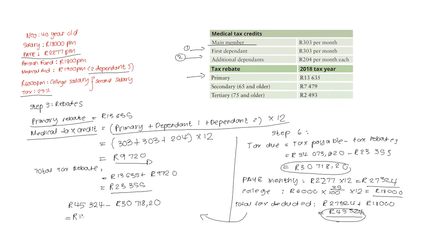And we get a final answer of 14,605 Rand and 80 cents. Therefore, he would receive 14,605 Rand and 80 cents from SARS.